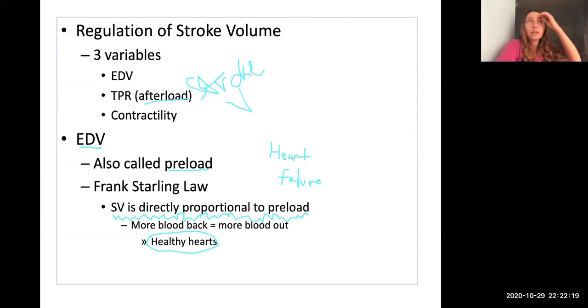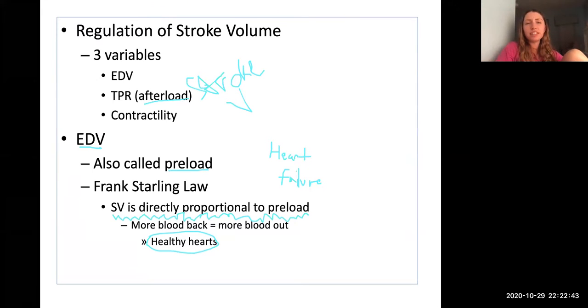So if the stroke volume is this much that will be ejected, and then the rest would be the afterload.